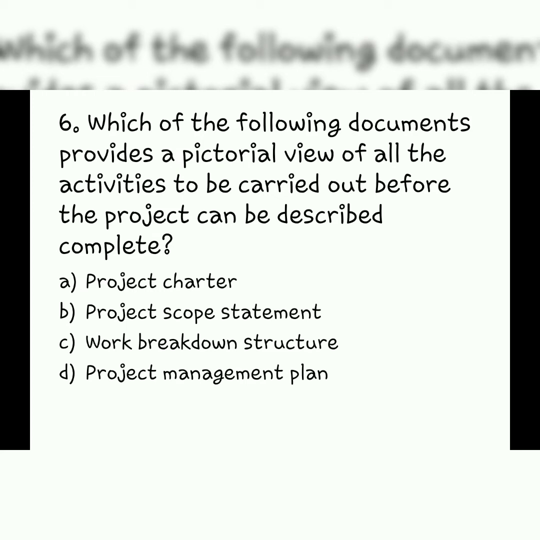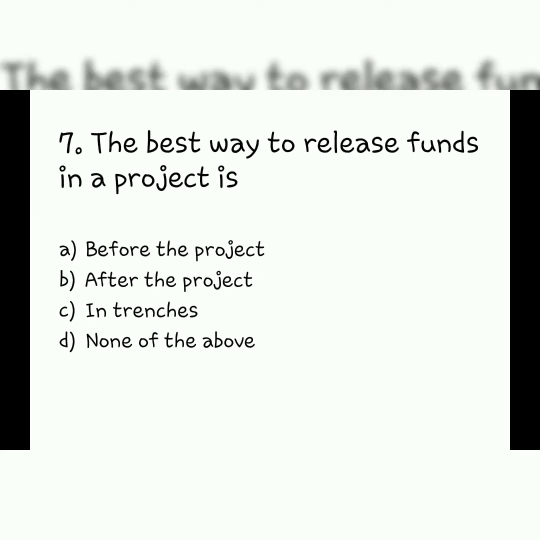Alright, let's move to our seventh question. The best way to release funds in a project is before the project, after the project, in trenches, or none of the above. Now, the best way to release funds in a project is in trenches.